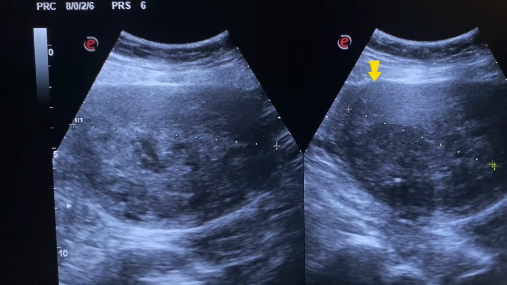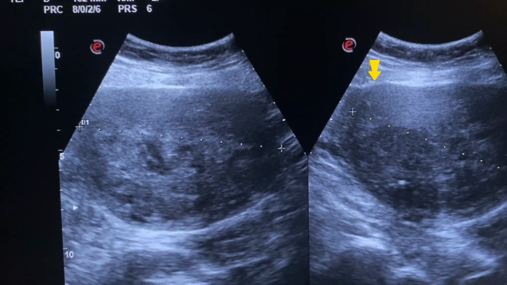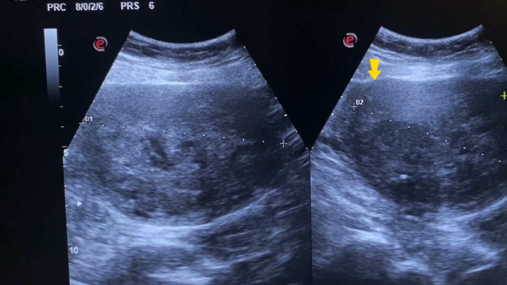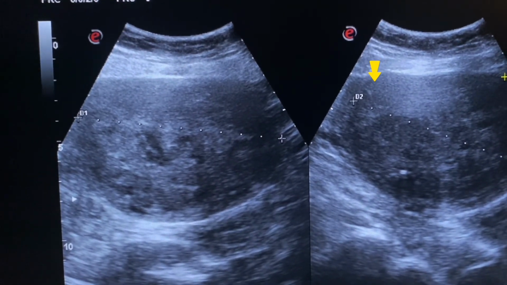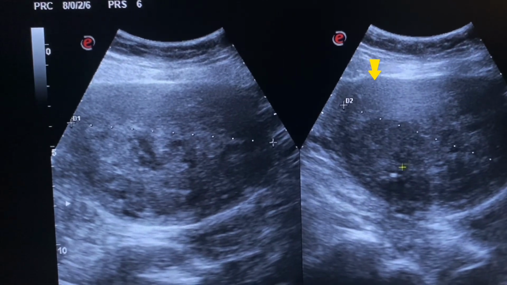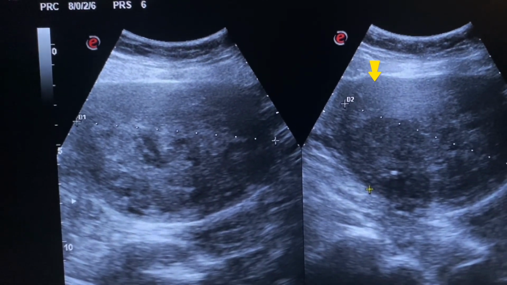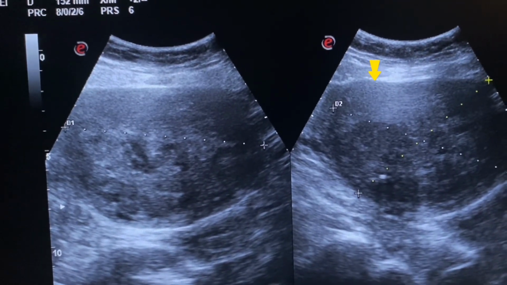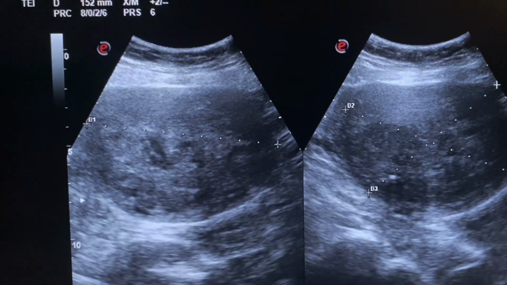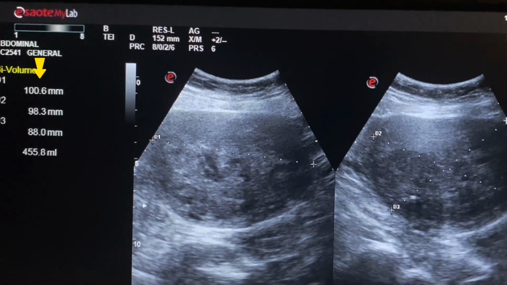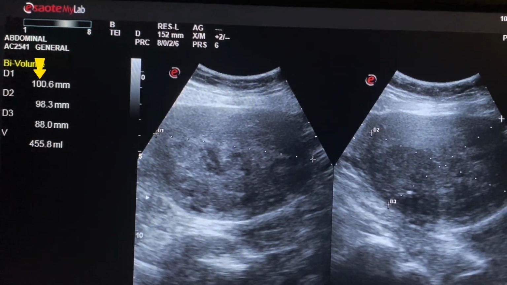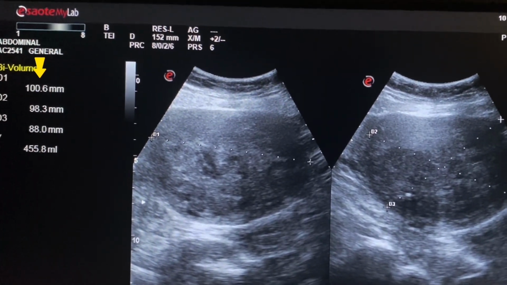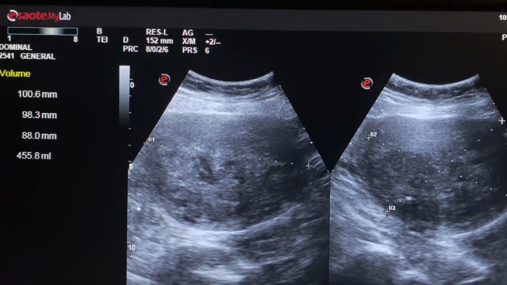Now we will measure the length of the mass and then the depth of the mass. The size of the mass is 100 by 96 by 8 millimeters and the volume is 455 milliliters.